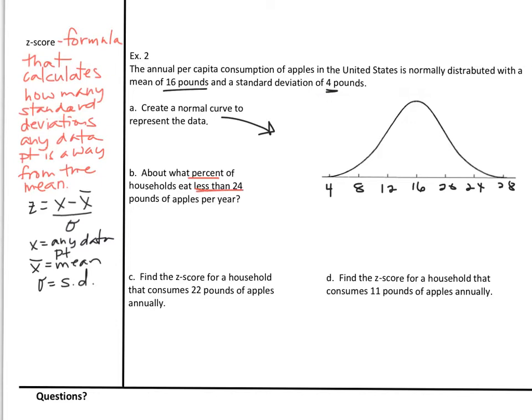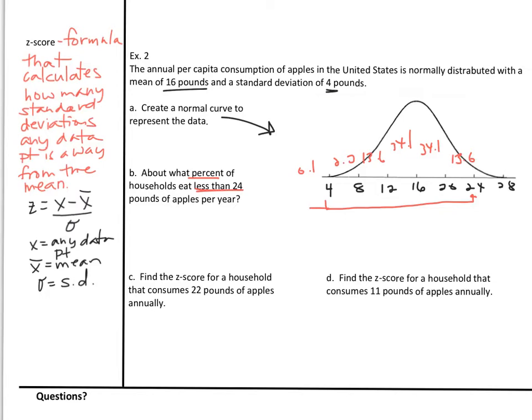Well, if we're looking for less than, and it hits right on that dash mark, we'll be able to count up our percentages. So if we're over here, that would be 13.6, 34.1, another 34.1, 13.6, 2.2, and 0.1.